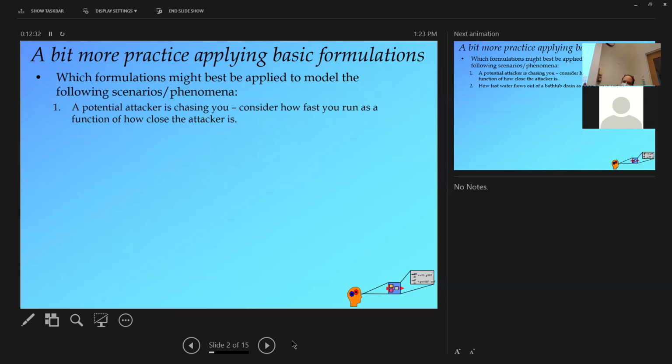Right, and also implicit in what you're saying is this idea that there's probably some maximum speed at which you can run. So your proximity is analogous to effectively your substrate concentration, or your amount of light energy, or your amount of nitrogen, or your amount of whatever it is that motivates you.